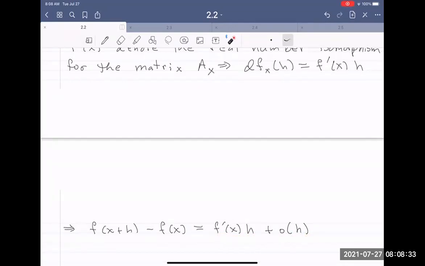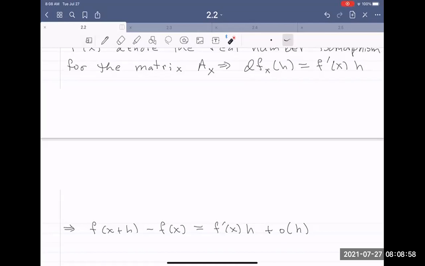So what this says is that I want to somehow find a number so that this is equal to this.